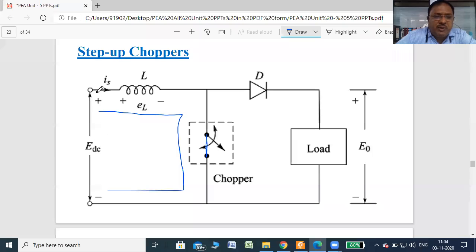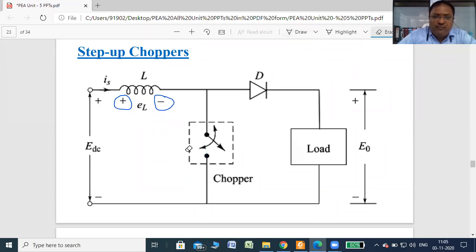So EDC plus, L, chopper, then EDC minus, right? At that time the inductor stores the energy with this polarity, positive and negative, as shown in the figure. It stores the energy in its magnetic field, right? The stored charge is equal to the EDC, or maybe less than EDC, right?